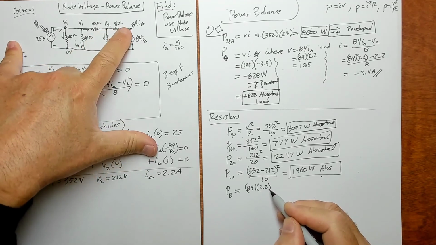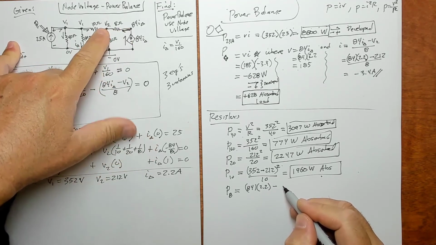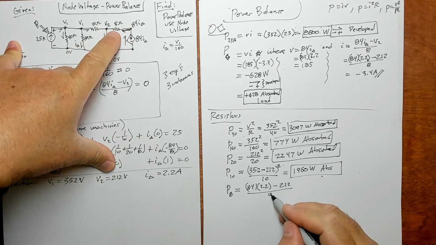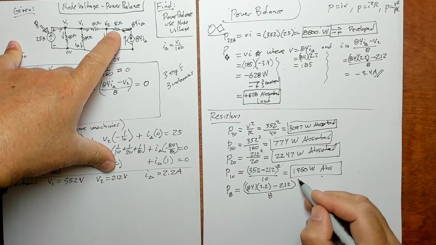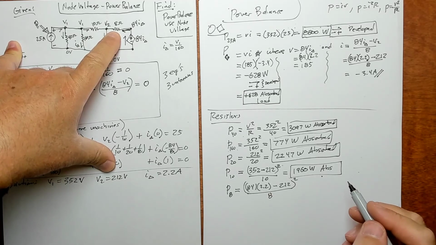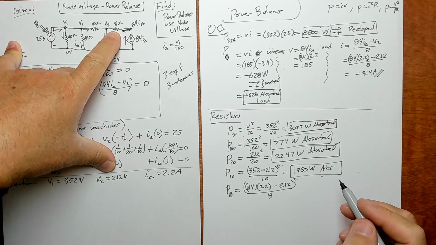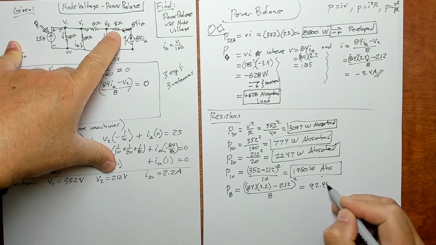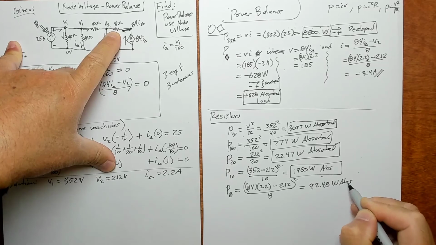That's the voltage at this point minus the voltage at this point, which is 212, over the 8 ohm resistor. This quantity is squared because we're using V squared over R. And that ends up being 92.48 watts absorbed.